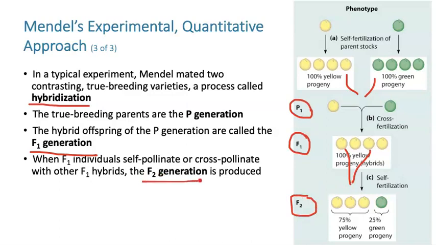So we could say the parental generation were the parents of the F1 generation, and the F1 generation are the offspring of the parental, but they're also the parents of the F2. When he did this lots and lots of times, about 75% of those peas were yellow, and about 25% of those peas were green.